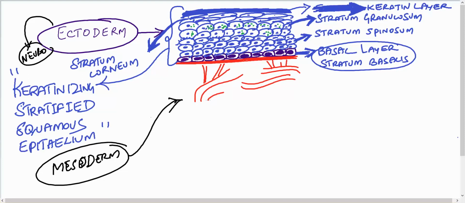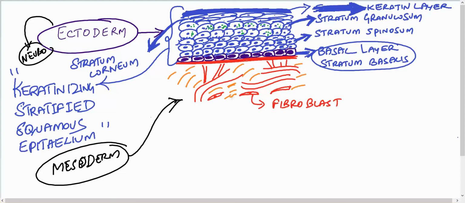They also have some connective tissue cells which also come from the mesoderm, and these cells are called fibroblasts, which secrete collagen, a connective tissue substance. Okay, and this basement membrane is also made up of collagen.